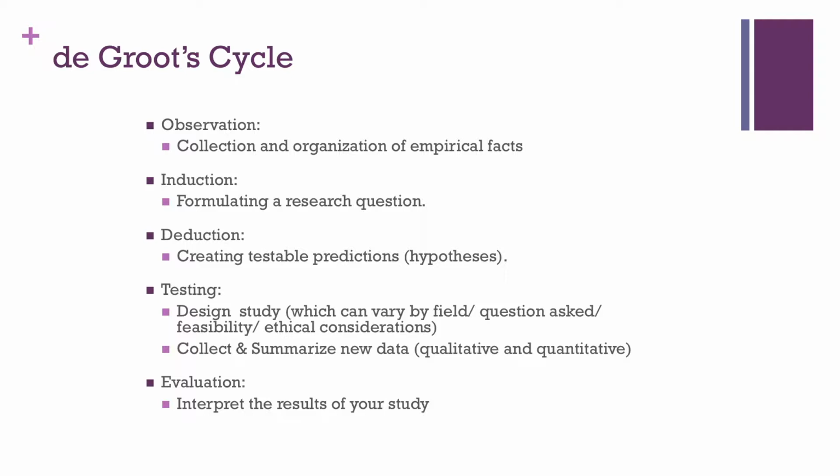So we're going to make that research question more specific. So we might say, for example, if the light turns green, then the cars are going to start to move forward. Whereas the research question might be just, the lights control how the cars move. So our deduction is a more specific prediction related to the research question.